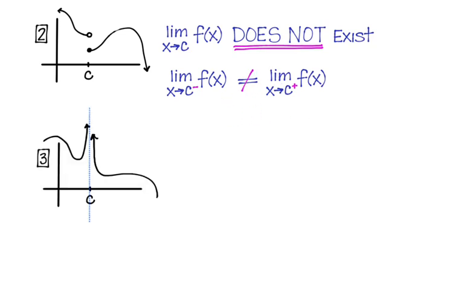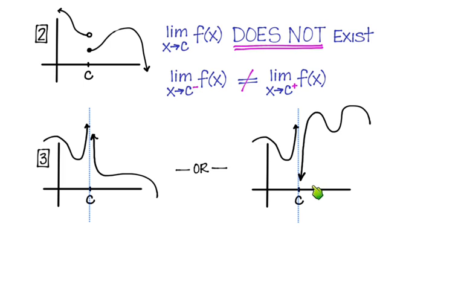We have our third case, which is an asymptote. In this first type of asymptote, both the left and the right are going in the same direction. In this particular case, they're going up forever. I could have also drawn one where they're both going down, but on both the left side and the right side, they follow the same direction.